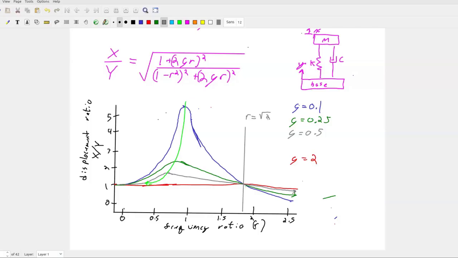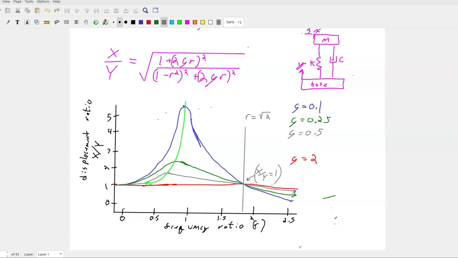And that's where they flip from overdamped systems having a greater response to underdamped systems having a greater response. And it's also where they flip back through 1. If it's not super clear, this here, x over y is equal to 1.